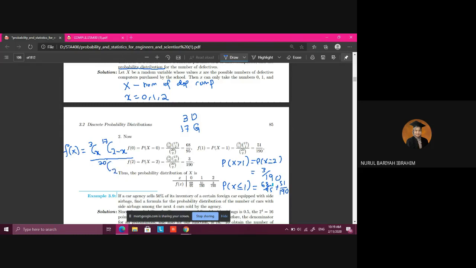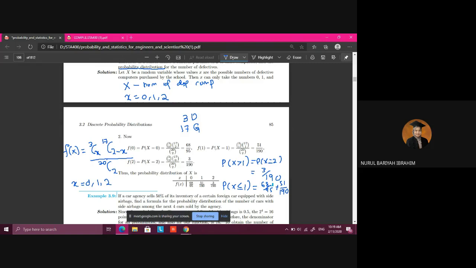We can create this formula, and the formula must have possible outcomes 0, 1, 2. So from here we can create the probability distribution table for the discrete case.